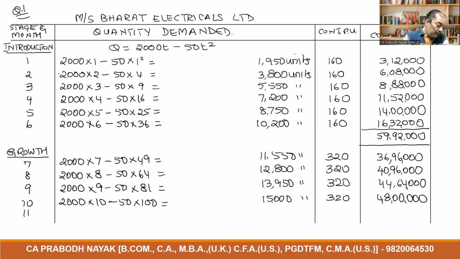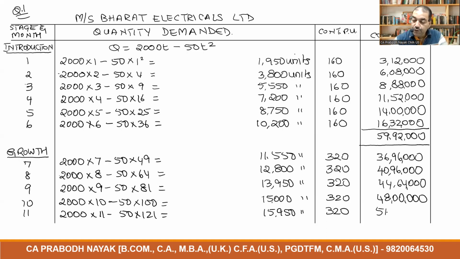Eleventh month. 2,000 into 11 minus 50 into 121. 15,950 units. Multiply by 320 per unit. 51 lakh 4,000.